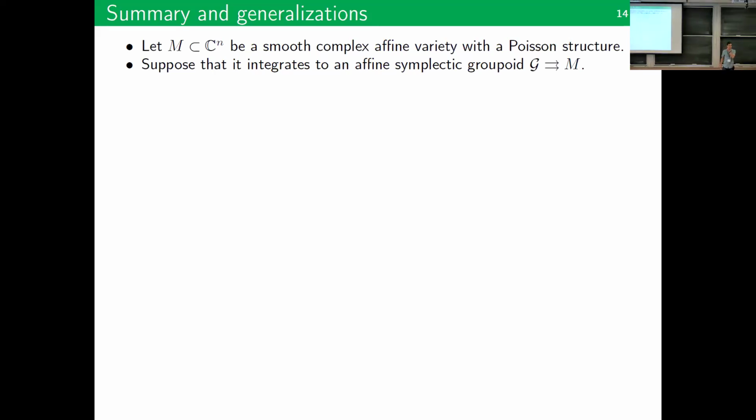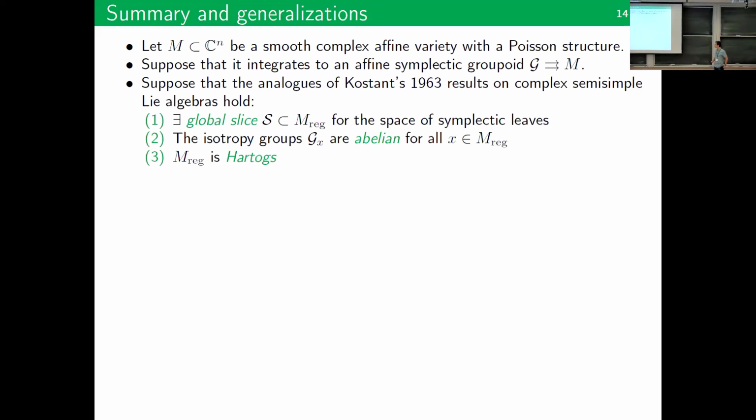Not every Poisson manifold integrates, but most of them do. And also that the integration is an affine symplectic groupoid. This is the case for the dual of a complex semi-simple Lie algebra. And we're supposing also that the analogs of Kostant's 1963 results on complex semi-simple Lie algebras also hold.